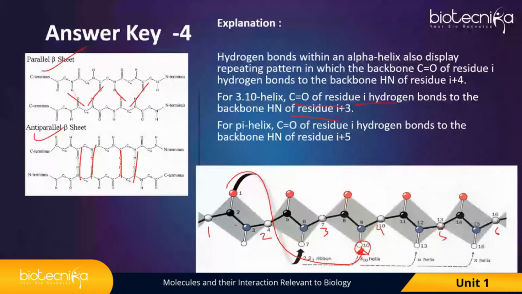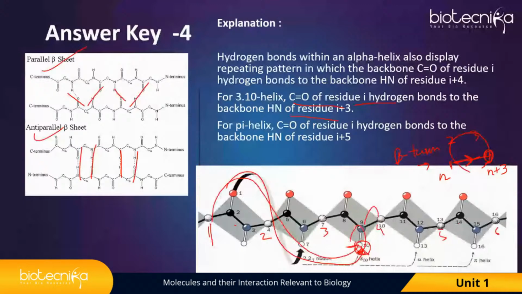310? This is what is a beta turn. Beta turn has 4 amino acids, that is 1, 2, 3, 4 in the turn, where the fourth amino acid. So first I will take it as N, fourth I will take it as N plus 3. First is joining with the fourth one, that is NH group of the fourth one, which is N plus 3.